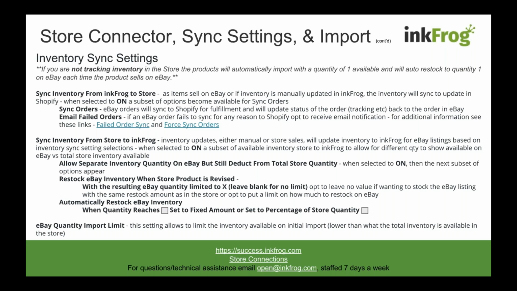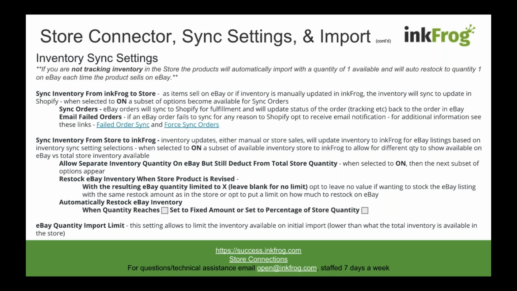And what you have the opportunity to do is, with the resulting eBay quantity limited to X, you can leave it blank, no limit, meaning that if you restock, and let's say the product you restock in your store is 100 items, then the quantity of 100 will sync into inkFrog and update to eBay as well.